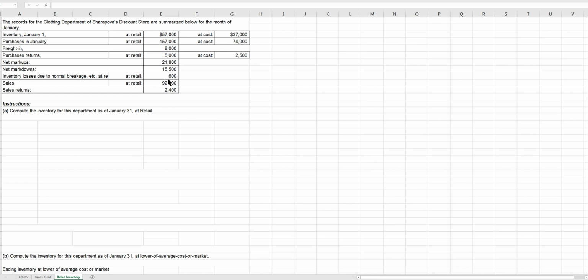Then we have the inventory loss. This is normal loss, normal breakage, okay, and sales return. So basically, we're going to apply the formula. Beginning inventory plus purchase.